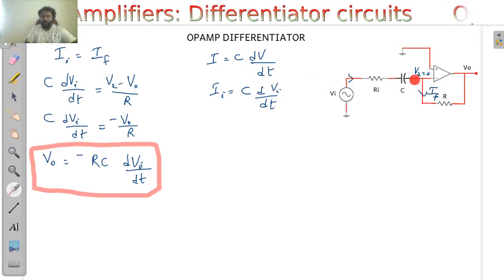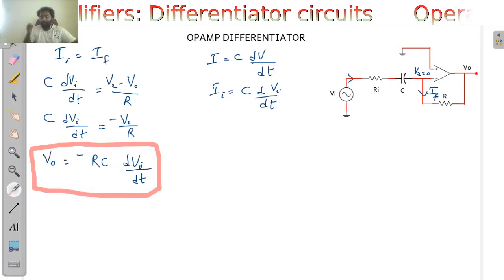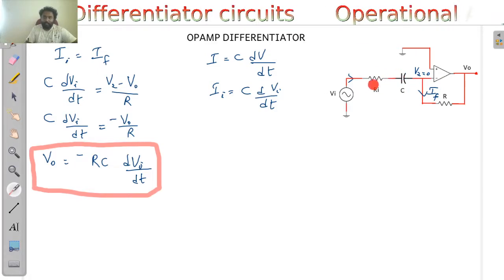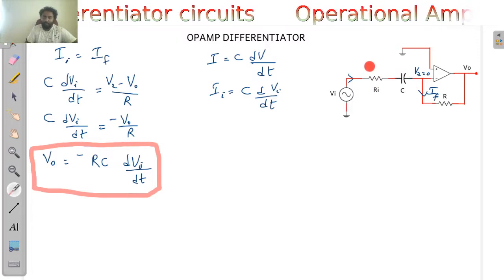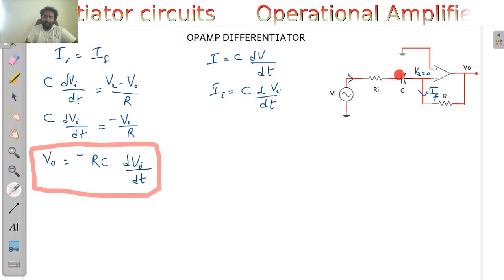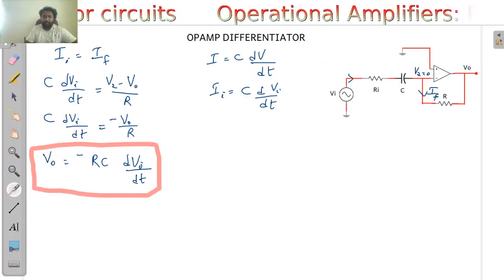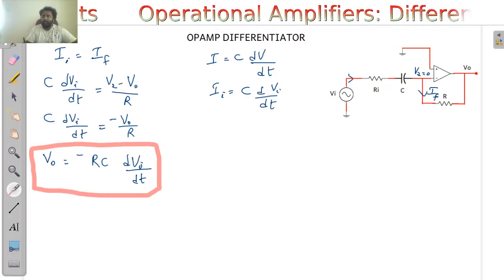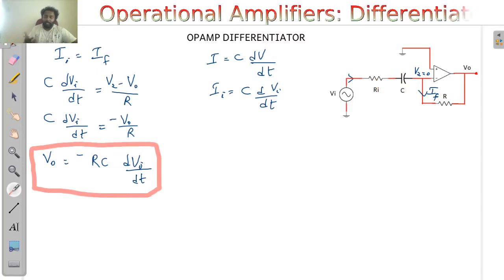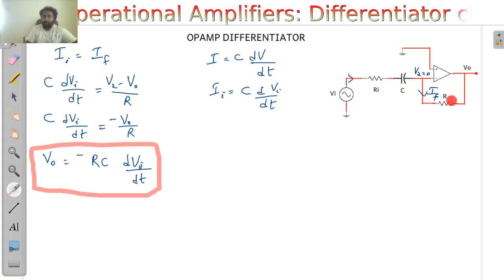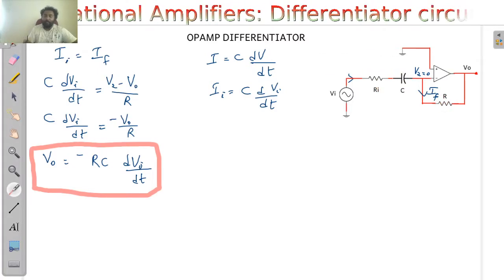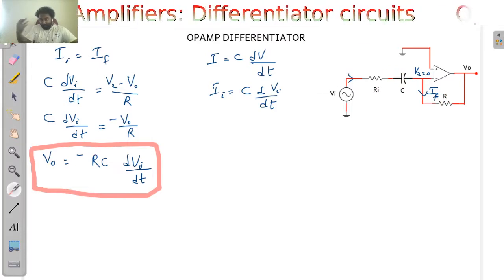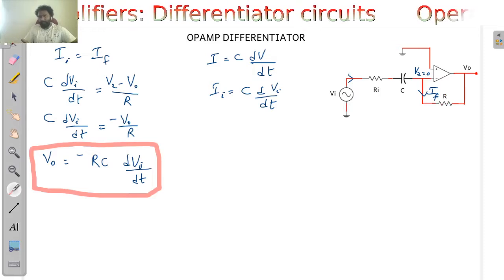That means the capacitive reactance is much smaller. In the absence of this resistance, this side has a capacitive reactance only, so the ratio of the feedback impedance to this impedance will be very high. That means your inverting amplifier will have something like an open loop gain, very high gain for high frequency signals.